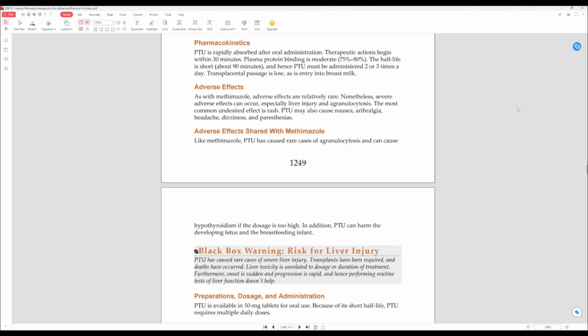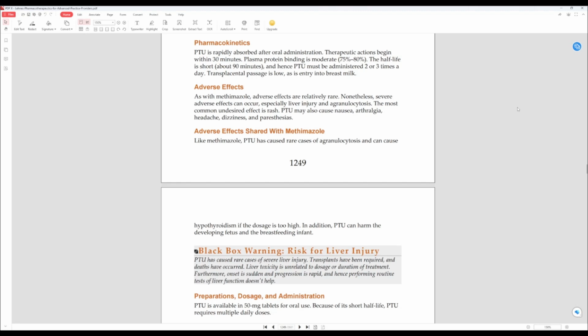But again, it comes with adverse effects, and we touched on those already briefly. As with methimazole, adverse effects are relatively rare. Nonetheless, severe adverse effects can occur, especially liver injury, as well as agranulocytosis. The most common undesired side effect, however, is a rash. PTU may also cause nausea, arthralgia, headaches, dizziness, and paresthesias.